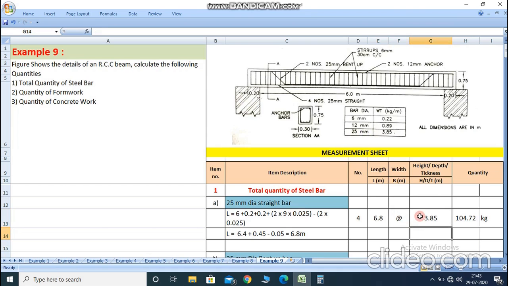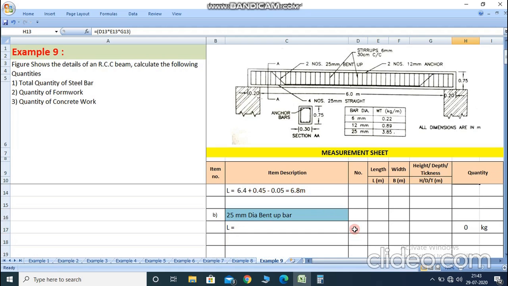So the total quantity we got is 104.72 kg for the 25 mm diameter 4 bars. Clear? This answer we got from the multiplication of 4 multiplied by 6.8 multiplied by 3.85. So it's the final answer for the 25 mm diameter 4 straight bar quantity.